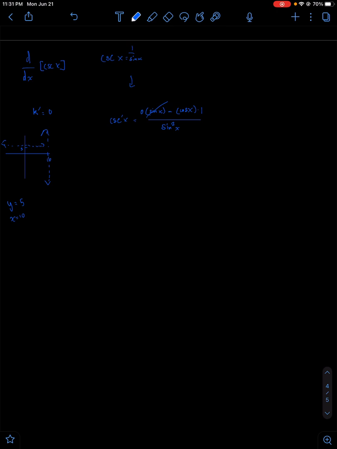This is very easy to simplify, so we get negative cosine x over sine x times 1 over sine x, and we can simplify this into negative cotangent of x times cosecant of x. Thus, our derivative of cosecant of x is equal to negative cotangent of x times cosecant of x.